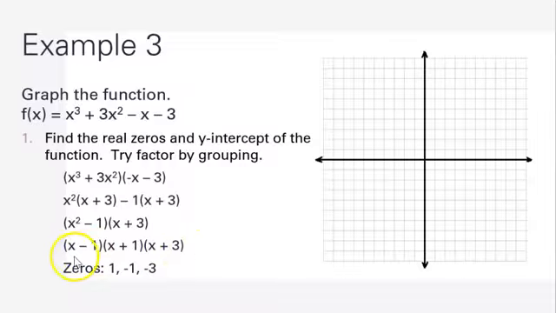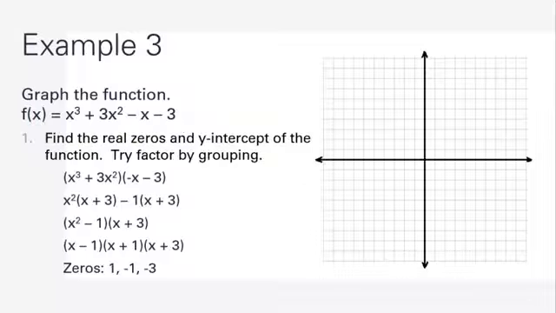And the zeros are +1, -1, and -3. Now the y-intercept, just like when we're doing quadratics, is the plain number in your polynomial, which in my case is -3. So my y-intercept is -3.